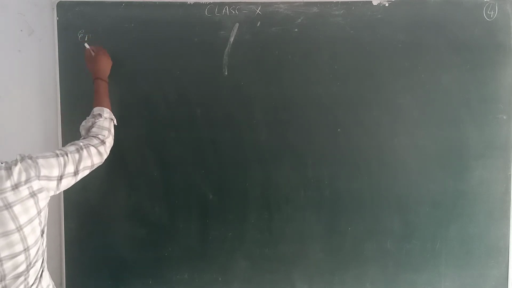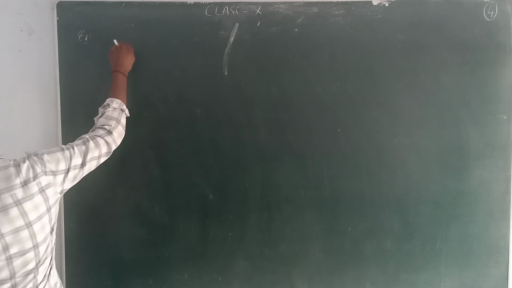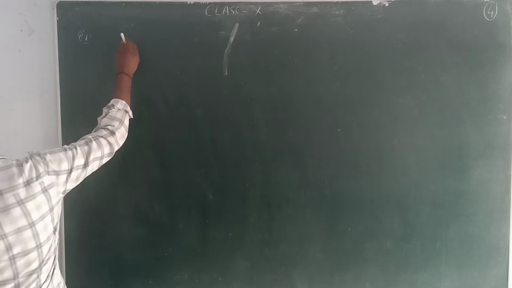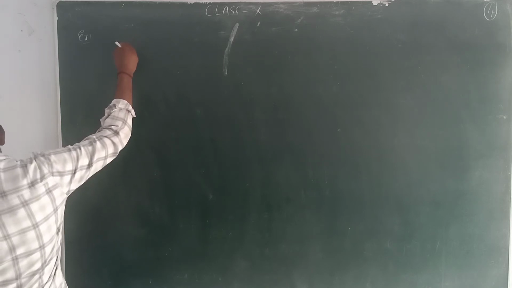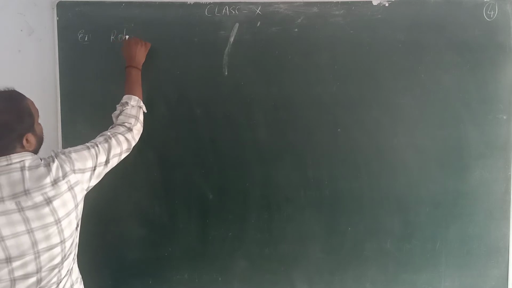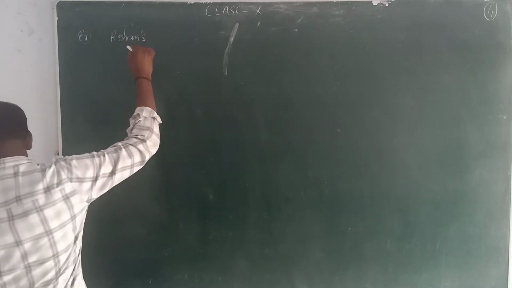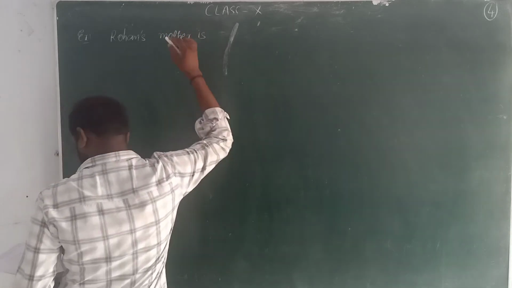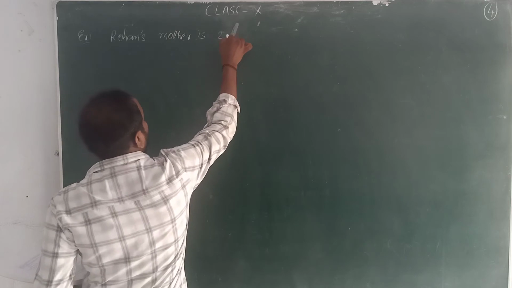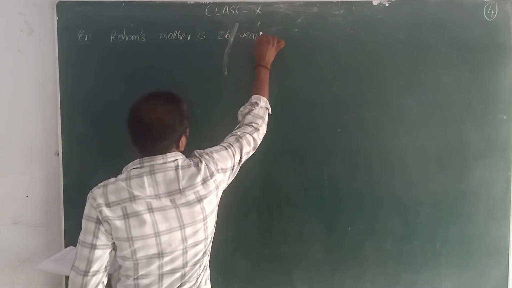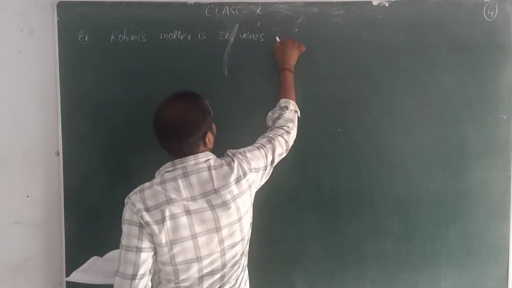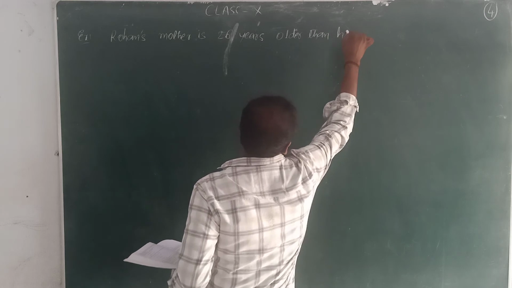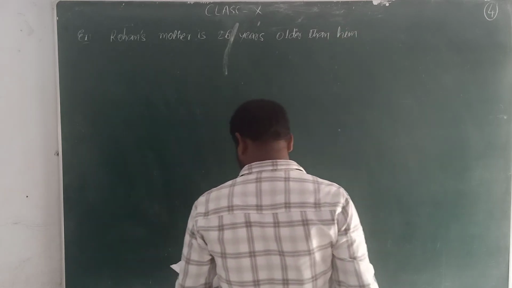Example. Rohan's mother is 26 years older than him.